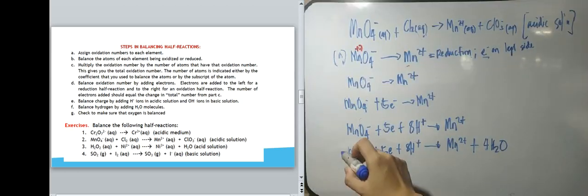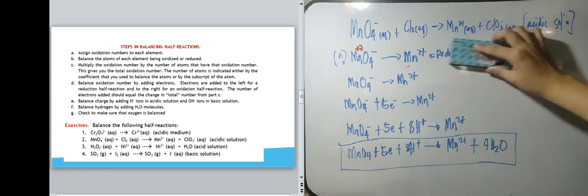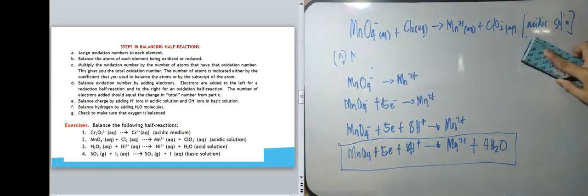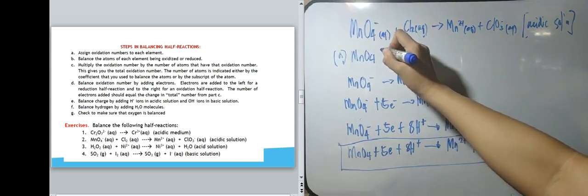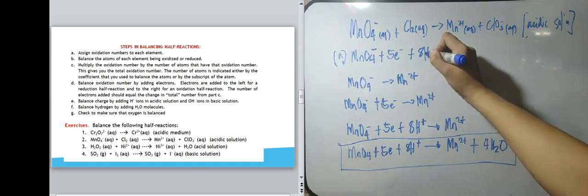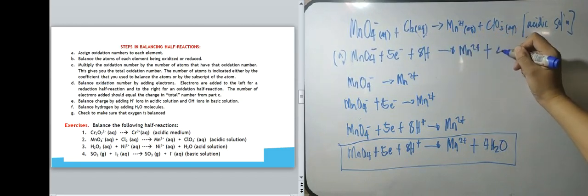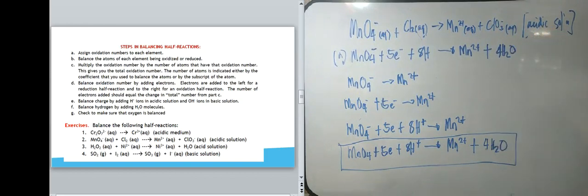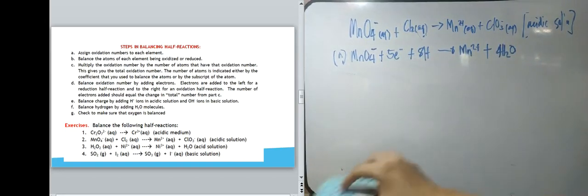Okay. So, this is the half equation or half reaction. Let's just write it here: MnO4 minus plus 5E minus plus 8 H plus yields Mn2 plus plus 4H2O.